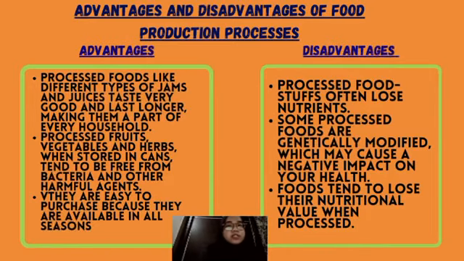Third, they are easy to purchase because they are available in all seasons. Disadvantages: first, processed foodstuff often loses nutrients. Second, some processed food is genetically modified, which may cause a negative impact on your health. Third, food tends to lose its nutrients.